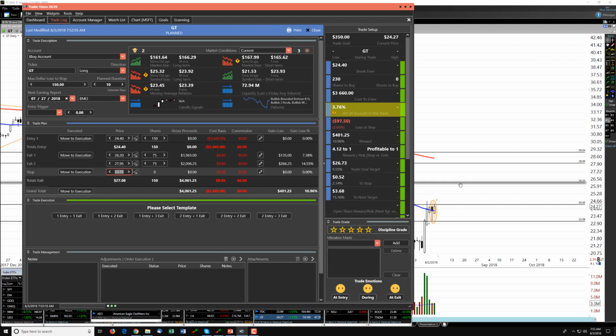So to the first target it was over 2 to 1, and to the second target, if we get the whole trade, we're talking over 4 to 1. So that's a good trade for us. Overall it would be an 11% trade on average. There's the two targets, 7.38 and 14.55.